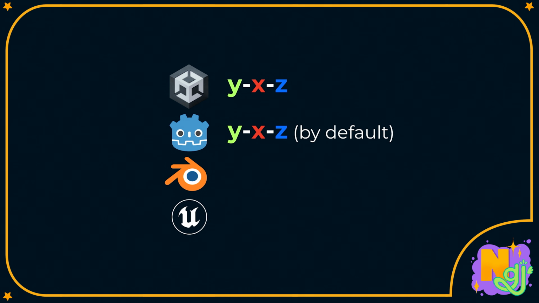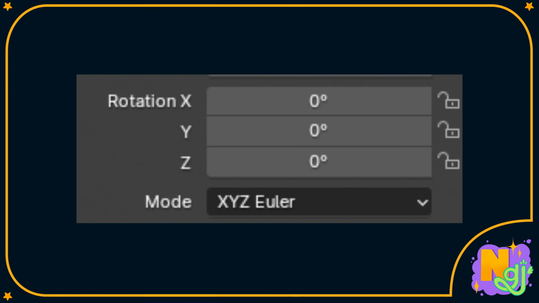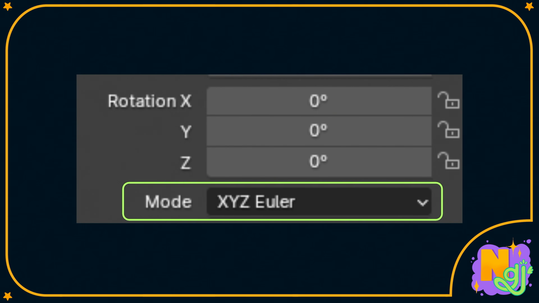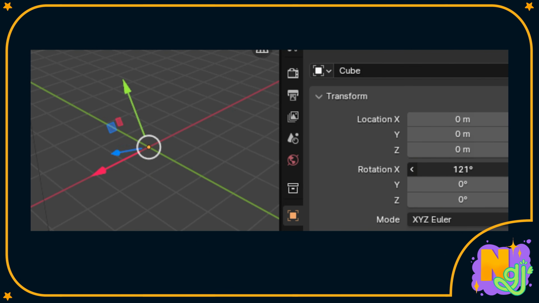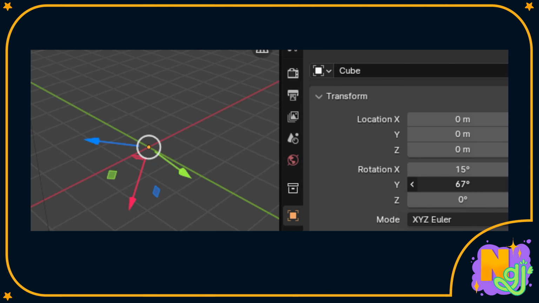Now, what about Blender? Blender also tells you what it does, and Blender is XYZ, which is not the same order as the other two. We got the x-axis there, and then the y-axis, but that's the world space y now. It said XYZ, so is that not the local space one?